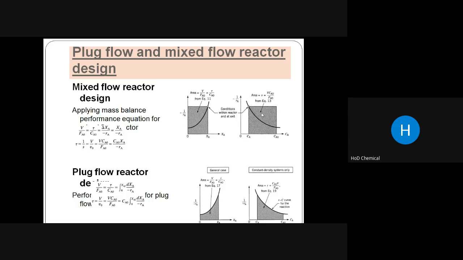That area is the number of boxes, the number of squares, from the graphical method. The number of squares times the x-axis scale times the y-axis scale is what we determine as the area. That area we can denote as tau, the mean residence time. So the graphical method is one of the methods for determining the residence time.